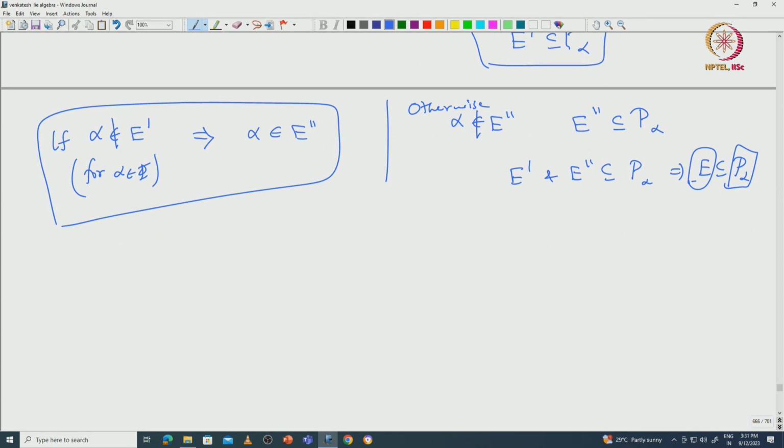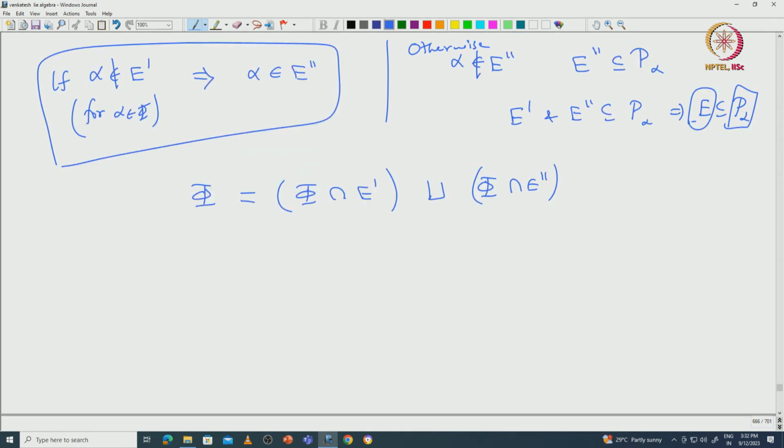So, this actually breaks phi into two disjoint sets: roots coming from E dash, and the disjoint union of roots coming from E double dash. Note that phi is written as the disjoint union of phi intersection E dash and phi intersection E double dash.